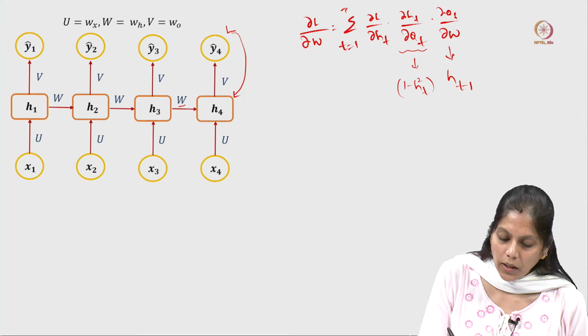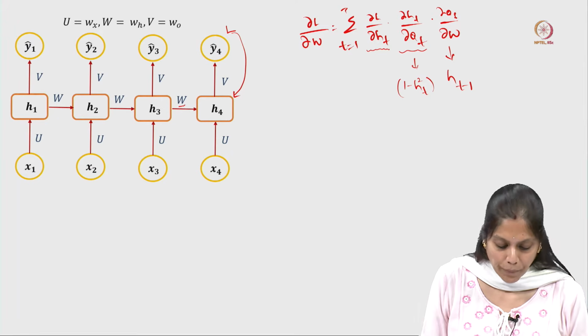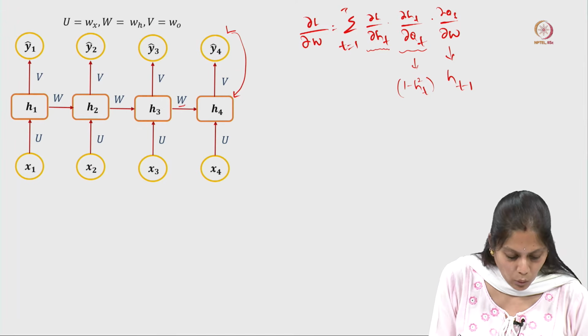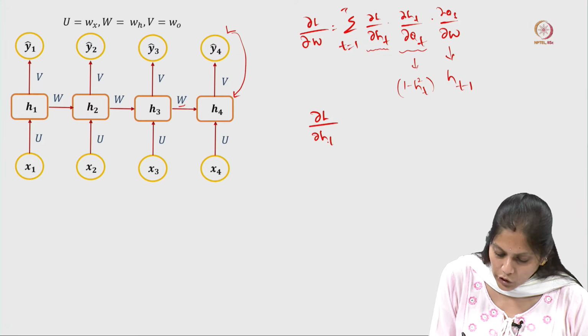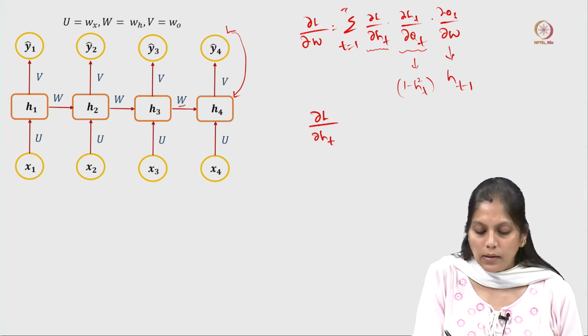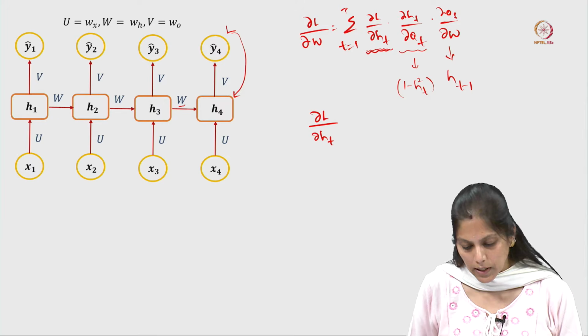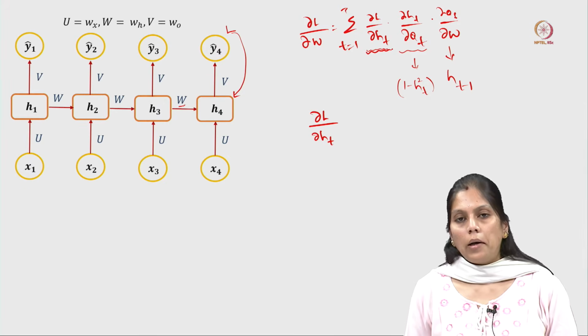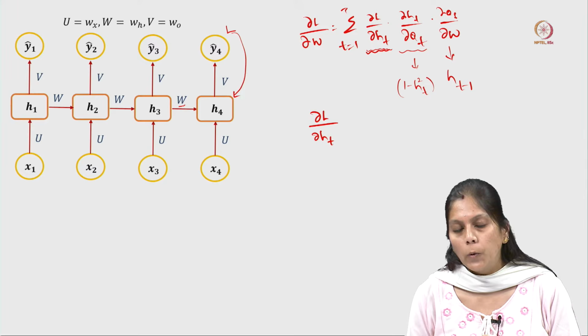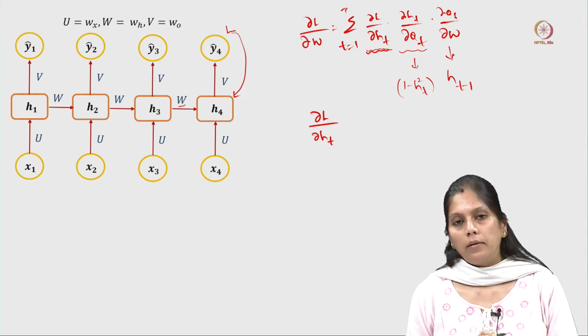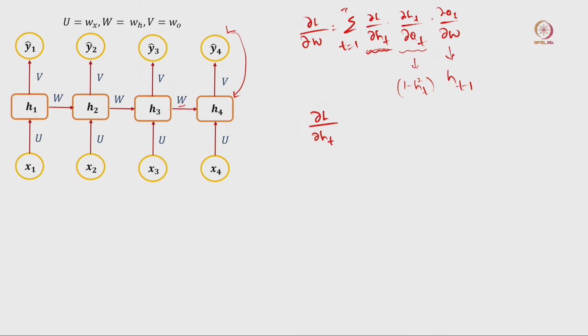Now what we need to calculate is this term, which means we are now calculating the derivative of loss with respect to HT. This is the term that we are calculating, at a hidden layer.